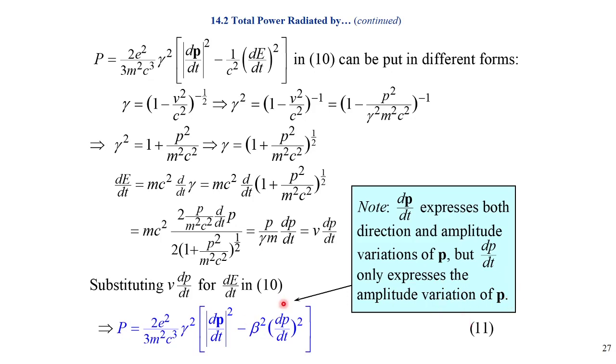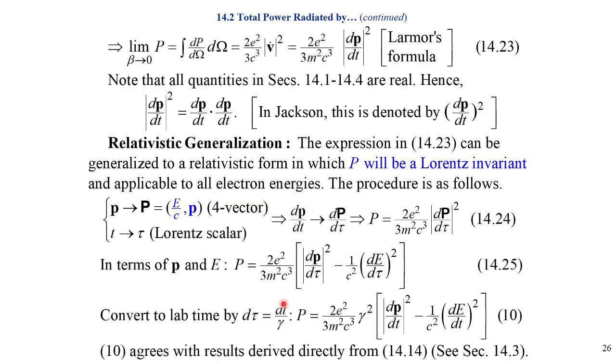Okay, that's the major difference. So let's compare equation 10 and 11 again. Equation 10, just change here, becomes v squared dp over dt squared.